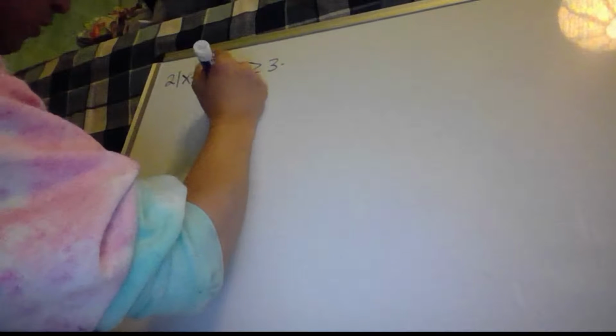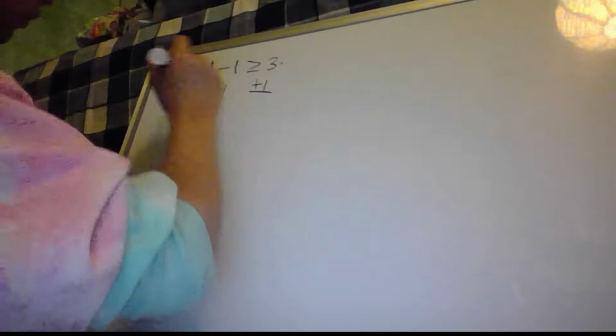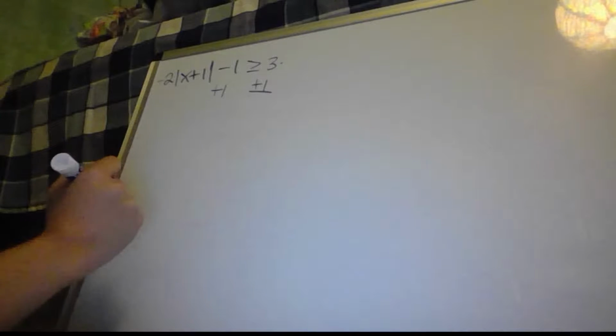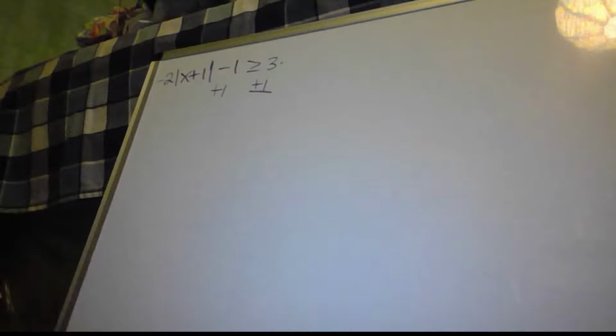You're going to do the same as an absolute value equation. You're going to add 1, and let's make this negative, so that we can get the negative 1 out of the way.